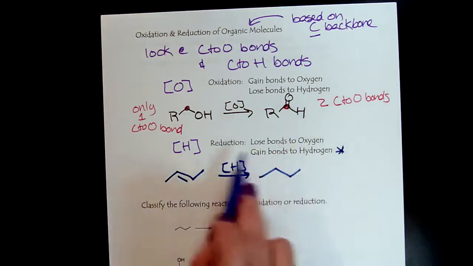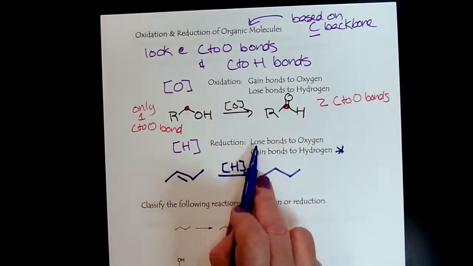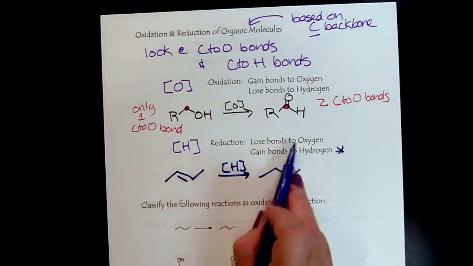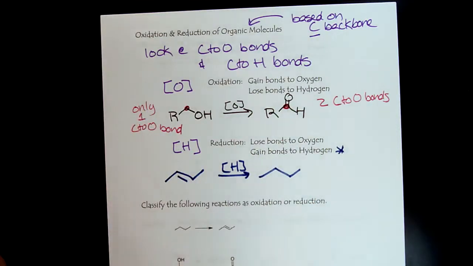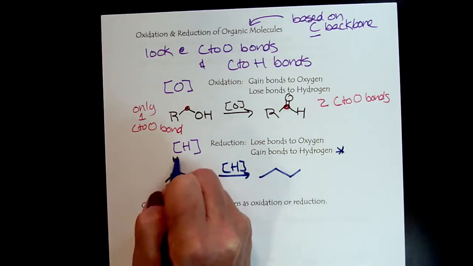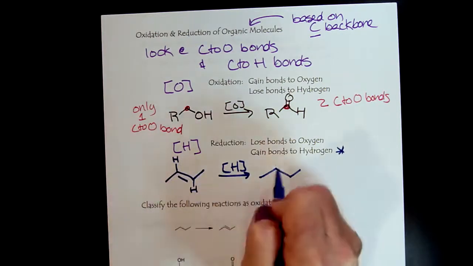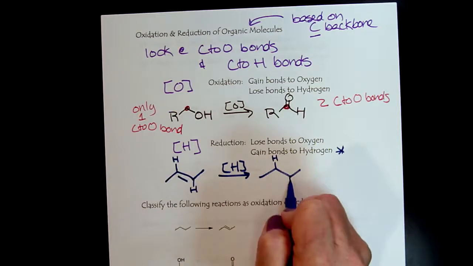Or we'll do some more examples and we'll see we have a loss of carbon-oxygen bonds. So you want to think of oxygen and hydrogen as opposites here, the redox complements. To help us see this a little more clearly, where we have the change, it can be a very good idea to write in the hydrogens.